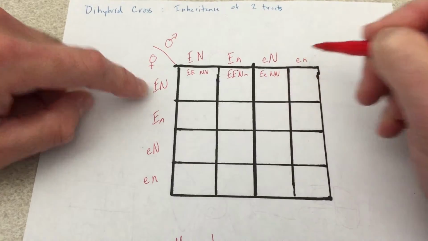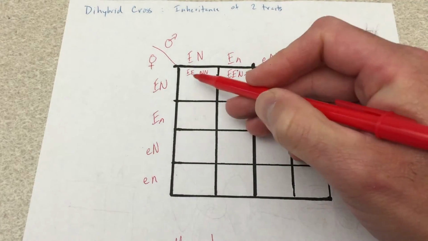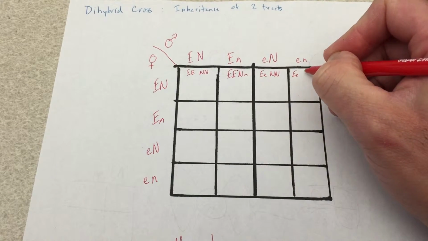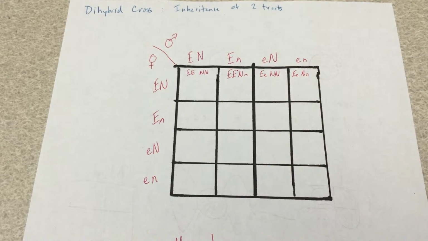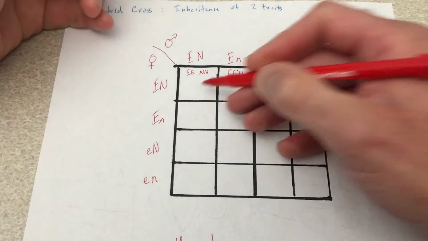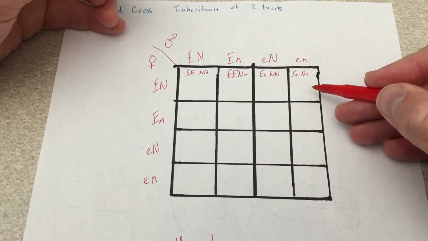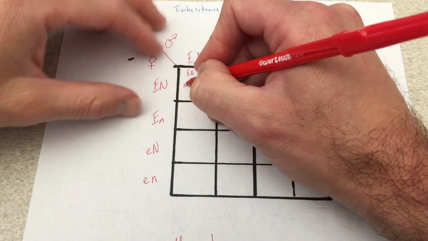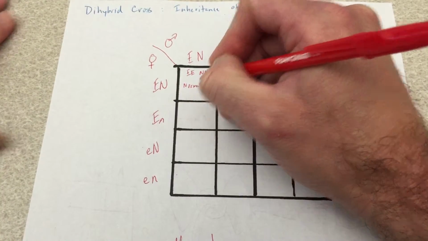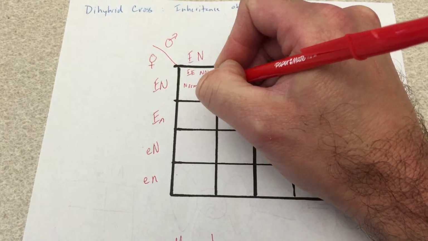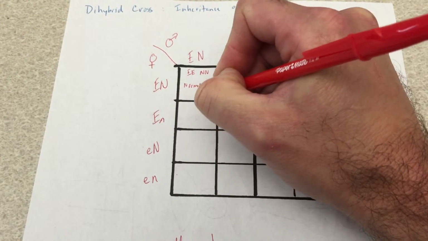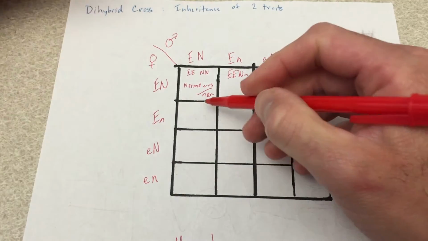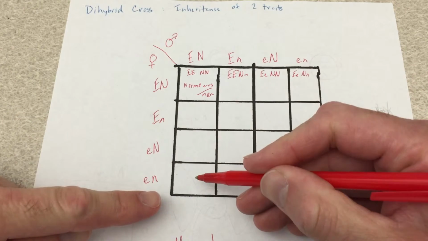Across this whole first row, what would be the genotypes of these offspring? They would be normal ears and nose.